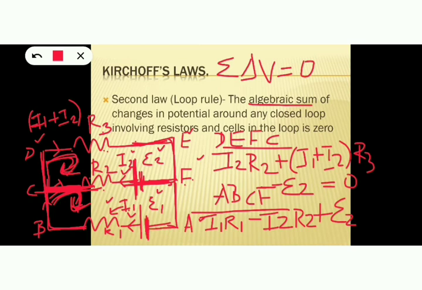That means the negative terminal of the cell. So we can write minus E1. EMF is E1 and it will be minus E1 because we have reached the negative terminal of the cell, and it will be equal to 0. Okay, so when we apply Kirchhoff's second law to the second loop, we got a result like this.